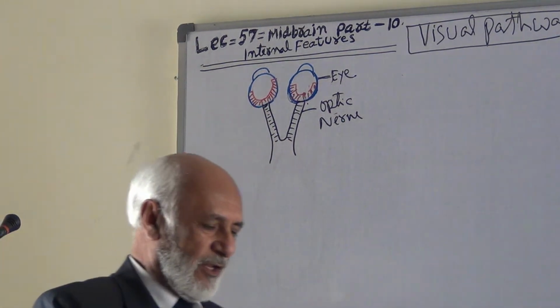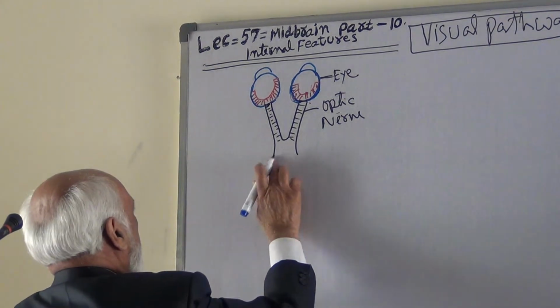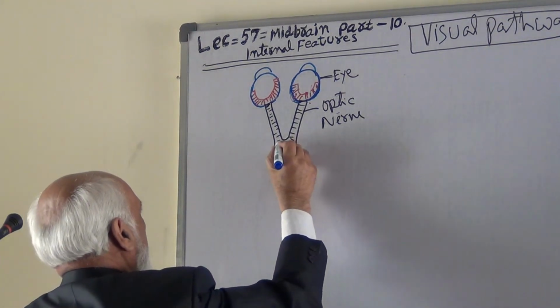Then partial decussation occurs at the optic chiasma.